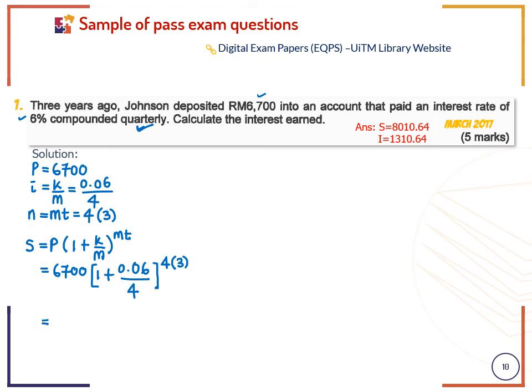So the amount at the end of 3 years is 8,010 ringgit 64 cent.